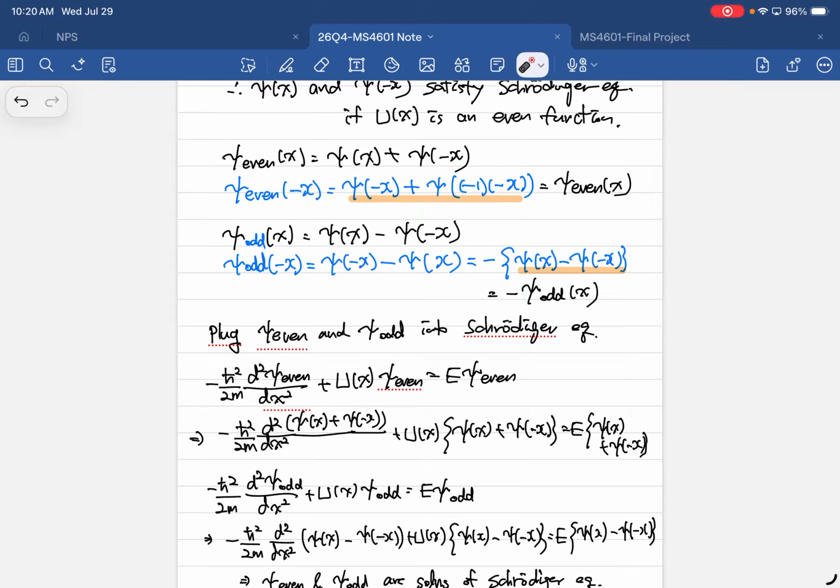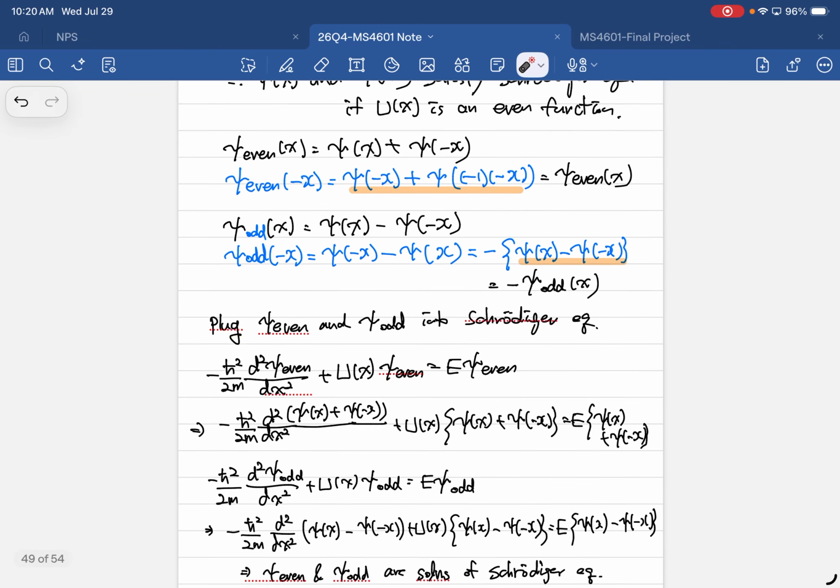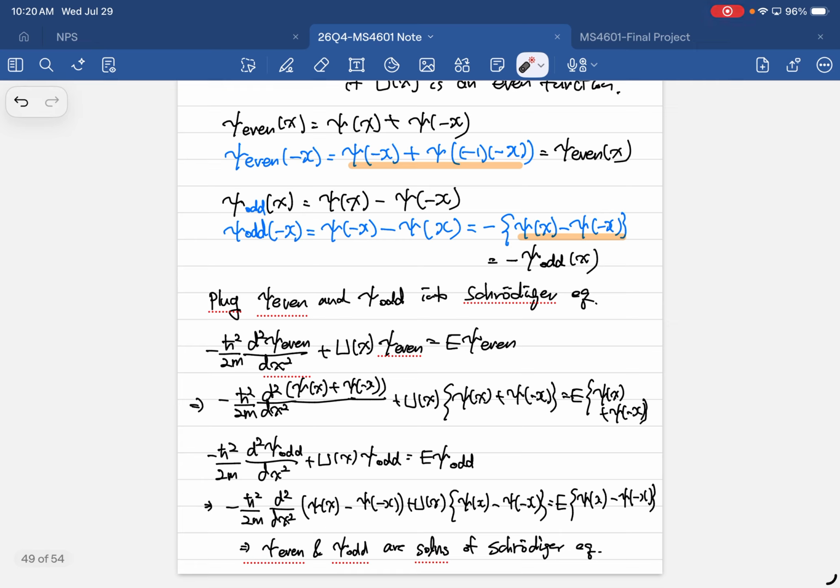And from the previous page, when we extract just the psi of x part, it gives you the Schrödinger equation, and when you extract just psi of negative x, it gives you the Schrödinger equation. So this one is actually the Schrödinger equation, and the odd part is the same thing. Because even and odd are linear combinations of psi of x and psi of negative x, even and odd are also solutions of the Schrödinger equation.